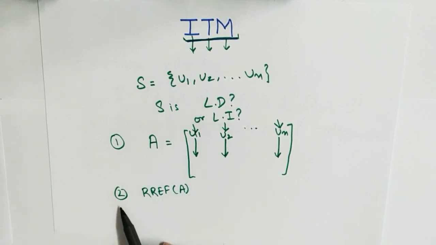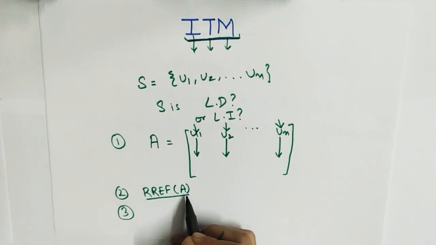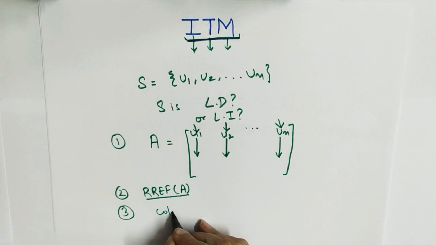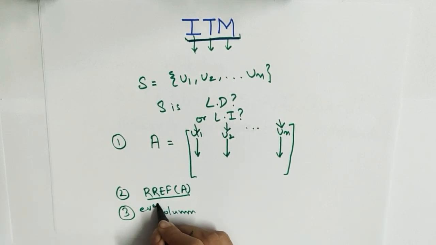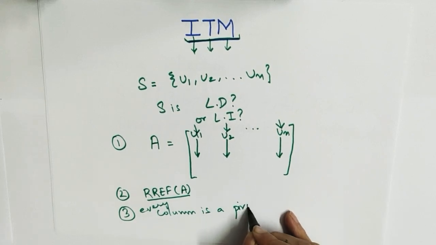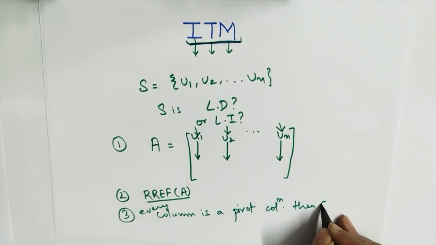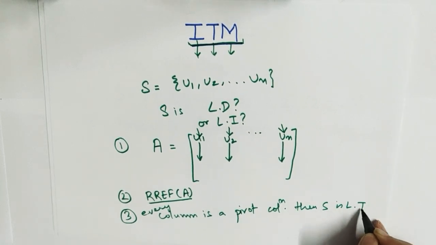So the second step here is to find the reduced row echelon form of A. Third step is eventually the conclusion. If in the reduced row echelon form of A, every column is a pivot column, then S is linearly independent.